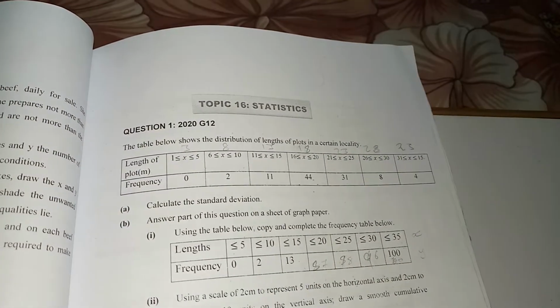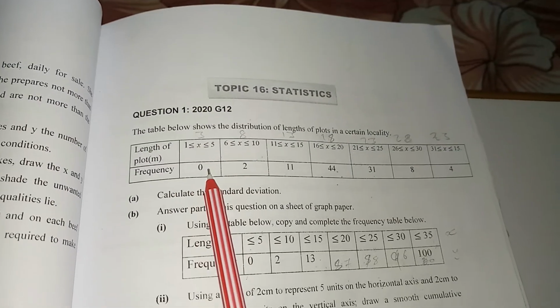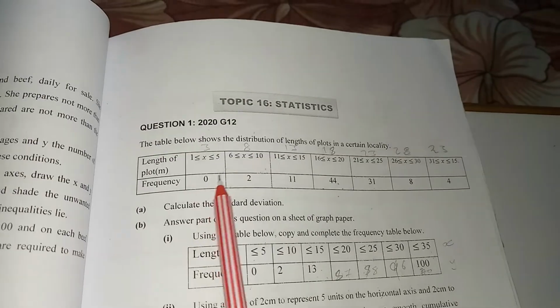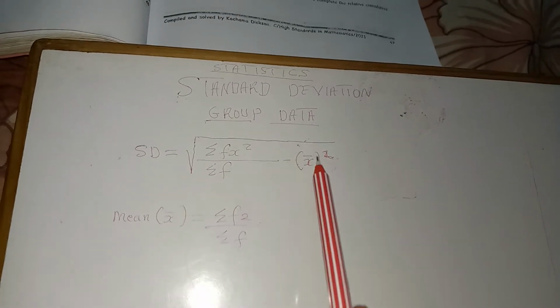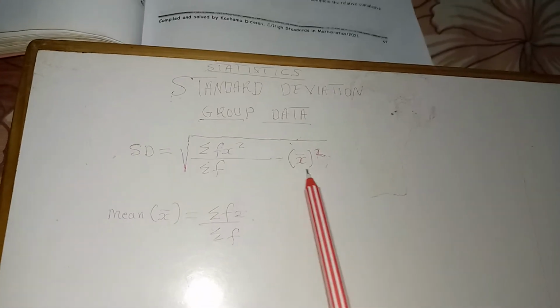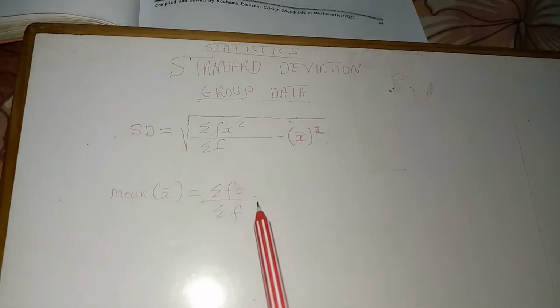Then after you've done that, you take each midpoint and multiply it with its frequency. That is when we are finding the f times x. We'll start with finding the mean, because in the formula for standard deviation, you need to find the mean first. The mean is given by this formula.